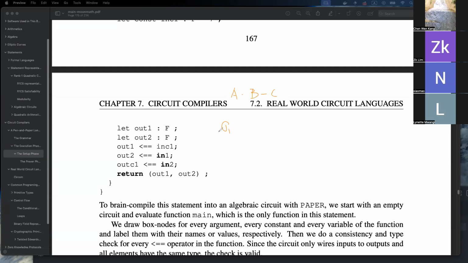So it's O1 times 1, where B will be 1. We assign the values here. And minus C, in this case we don't subtract C, we just set it equal to C, because if it's minus C, it will be minus C equals 0. So this is R1CS, the same thing as A times B equals C. So O1 times 1 equals C1.